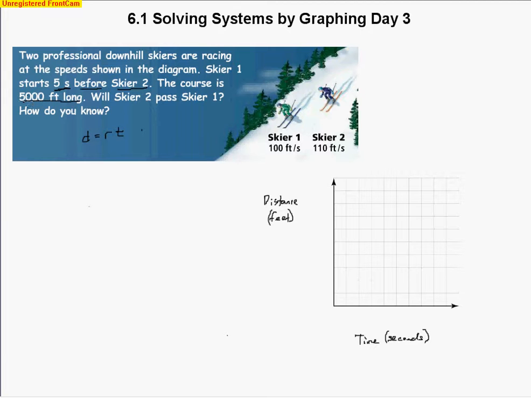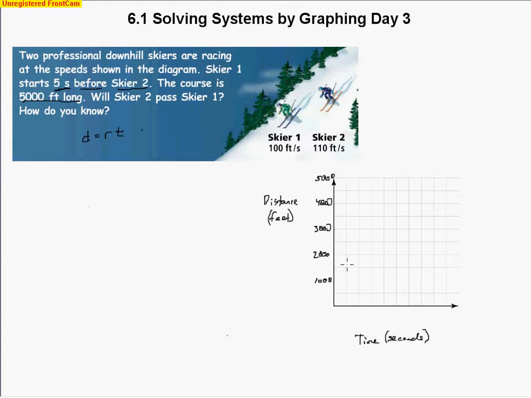I notice that there are 10 spaces going up. So if we go by units of 500, we'd be able to fit these values in here. So this is 500, 1,000. And then every other line I'll write in there, 2,000, 3,000, 4,000, and 5,000.